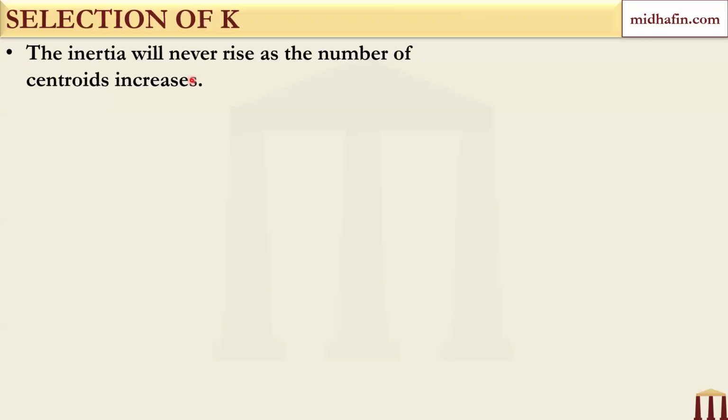Okay, and that is why, in fact, you can appreciate it better when you understand the extreme case. So when k is equal to n, it means the number of data points is equal to the number of centroids. So each point becomes its own cluster. And since there is no distance between a point and its own center, which is itself, the inertia drops to zero.